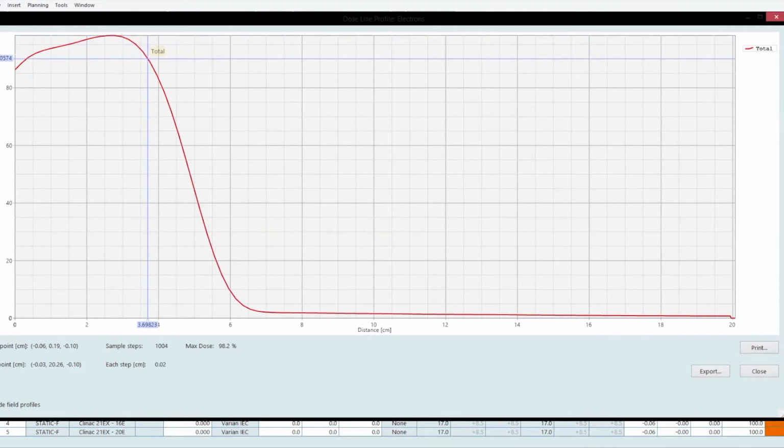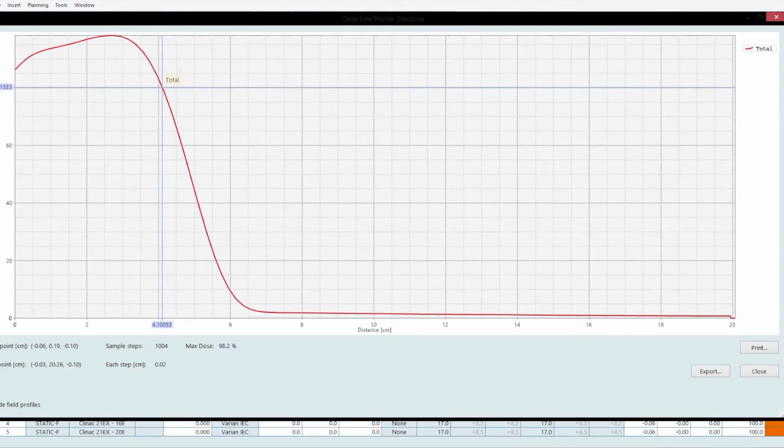My D90 is 3.7. So my prescription, the physicians typically prescribe at the 90% isodose line, though that's not set in stone. They can prescribe at whatever isodose line they'd like to. Prescribing at the 90% isodose line, I can treat clinically something 3.7 centimeters deep on the posterior edge.